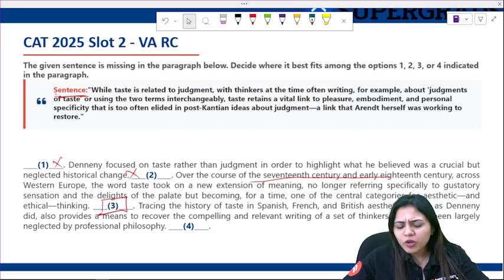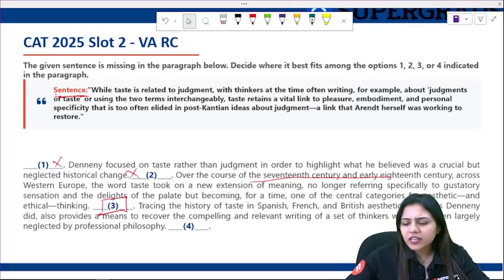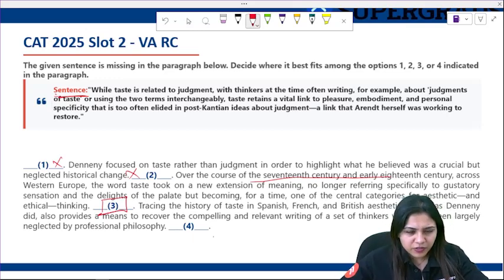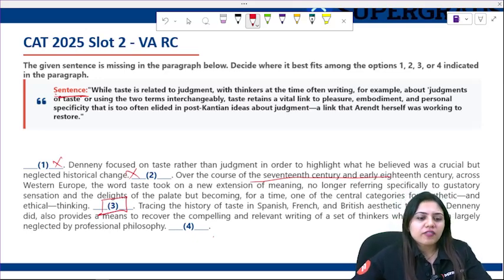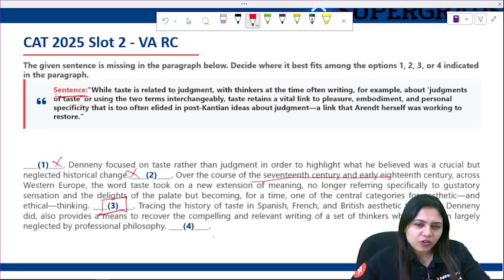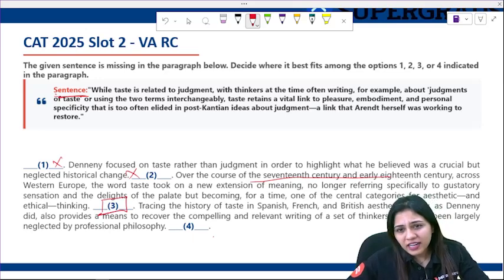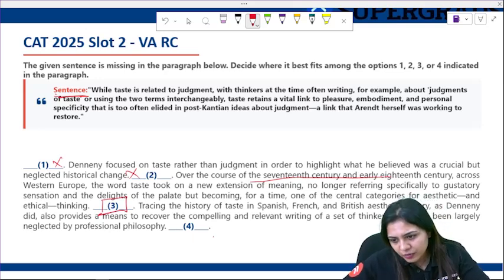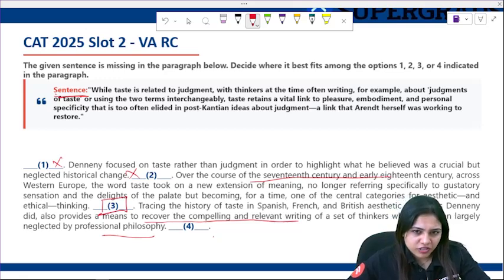Now, why can it not be option 4? Because first of all, we are talking about the opening here, and this does not look like an opening. It's likely about recovering neglected thinkers or its relevance, and that is clearly a concluding idea. This is a conclusion, not an introduction.